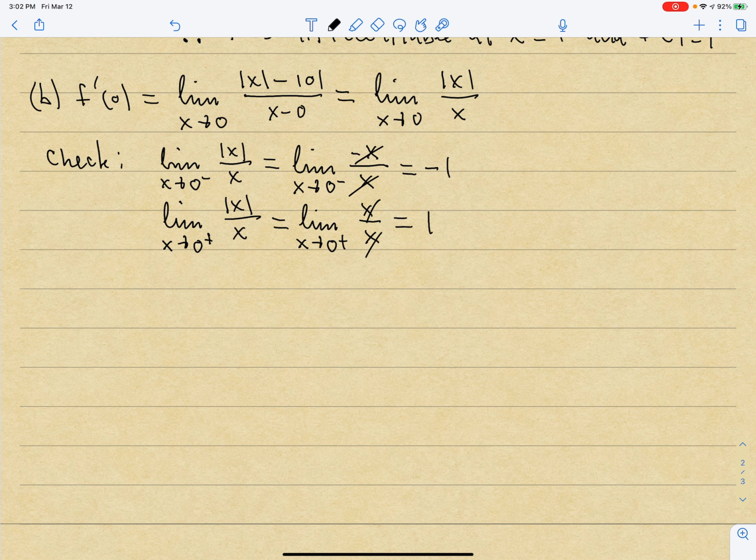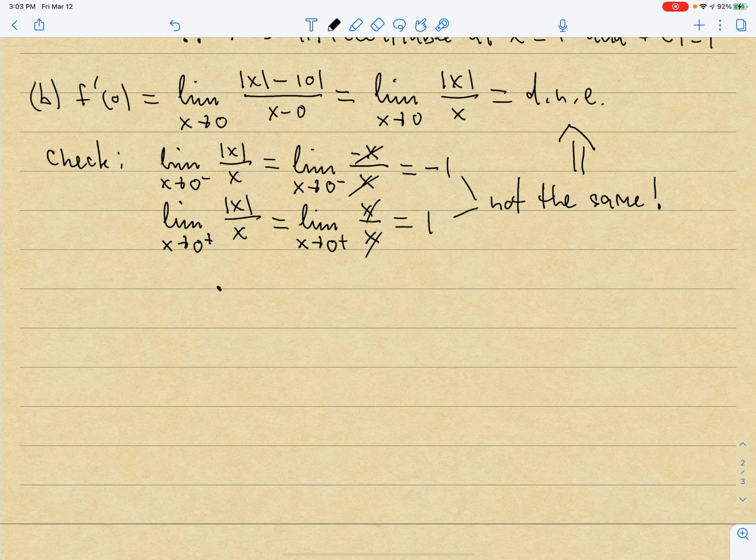So, not the same. And therefore my original limit does not exist, right? Because limit from the right and limit from the left should be the same for the derivative to exist.